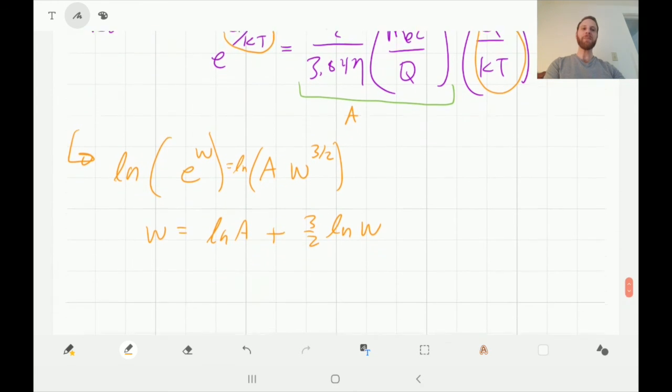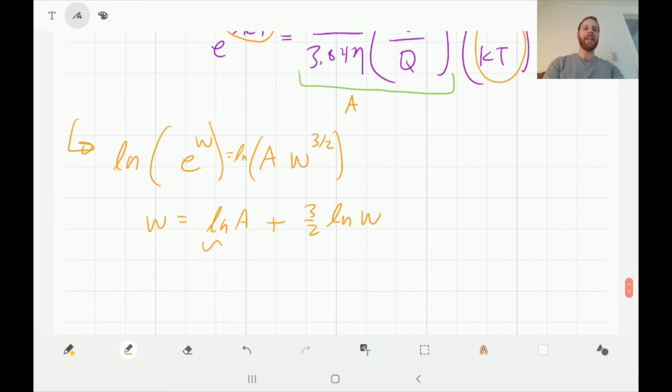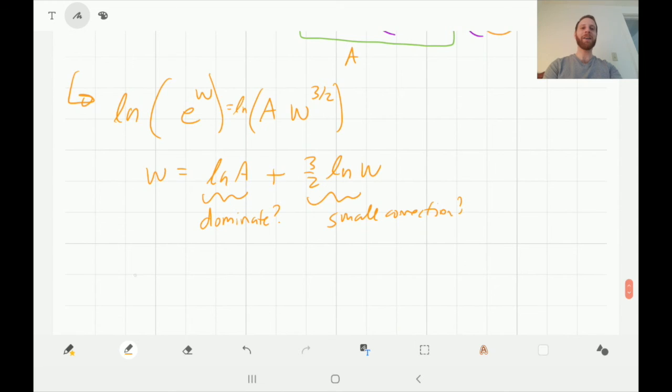But if this term is big or small, well, in this case, you might guess it's big. Does it dominate? Is this a small correction? If so, you're in luck, because then w is approximately equal to the leading term, natural log of a, plus 3/2 times the natural log of w.